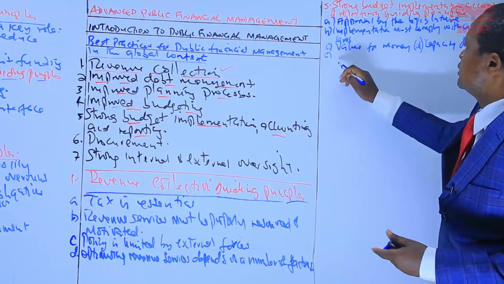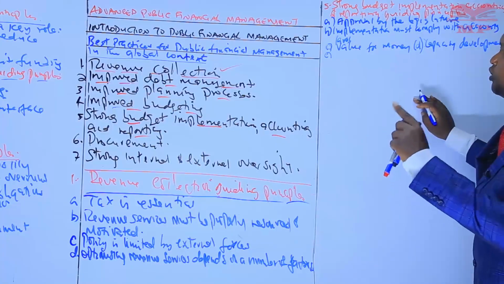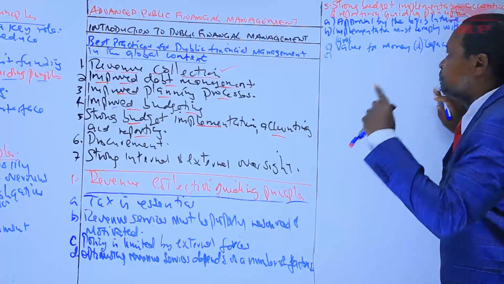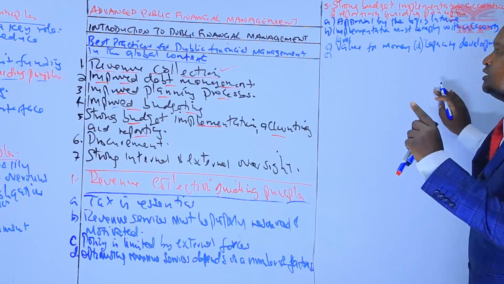E, the office of the Controller of Budget must be properly resourced.